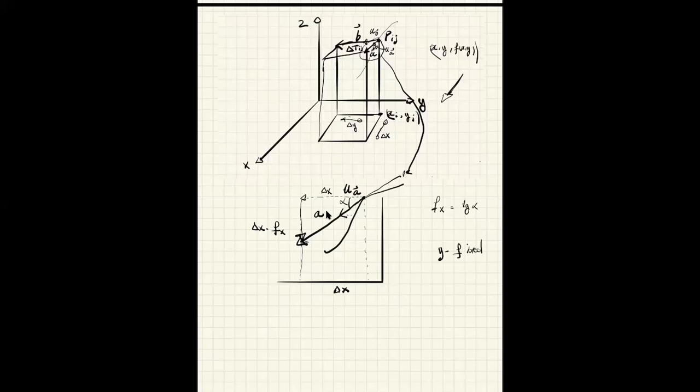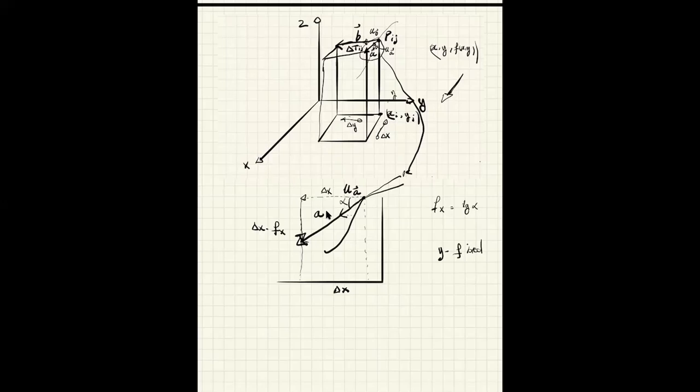You fix y, it gives you a curve, a one-dimensional function, and then you have to remember what the derivative of a one-dimensional function means: it's the slope of a line, which is the tangent of this angle.